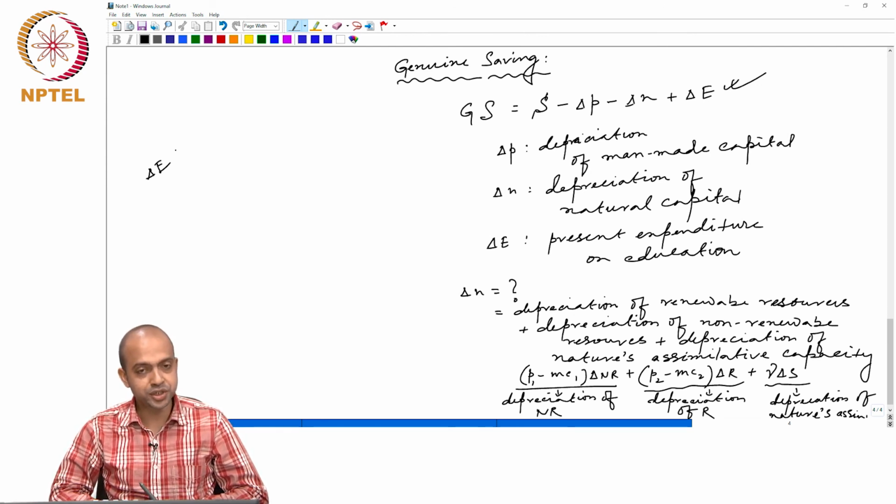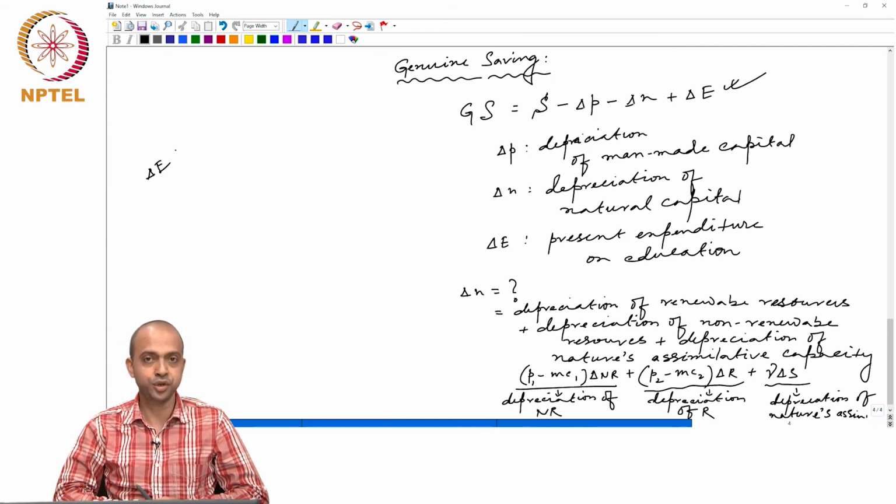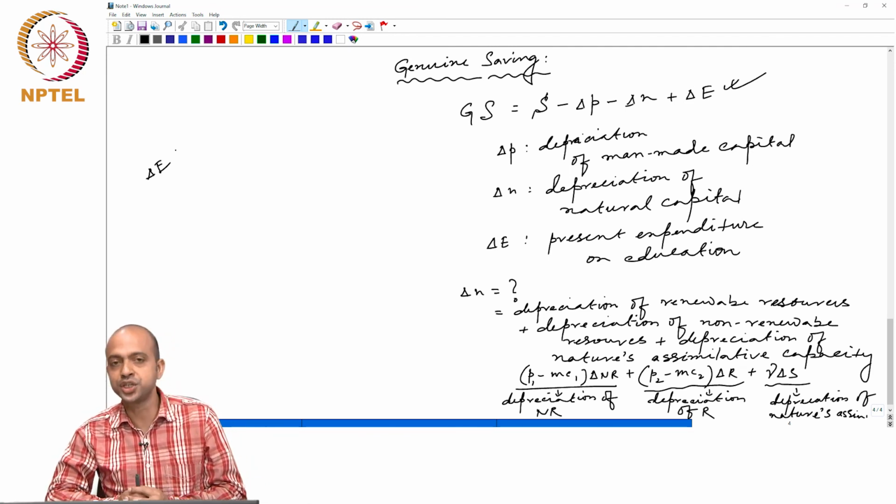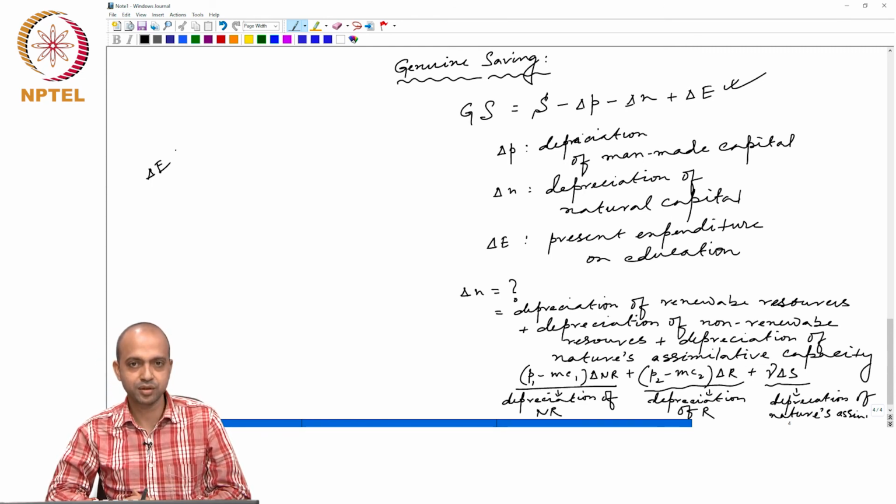Then we discussed how to operationalize those theoretical ideas through Daly's operational principles, and lastly the indicators for measuring sustainable development, the two most important being green NNP and genuine saving. With this, we are closing our discussion on sustainable development. Thank you.